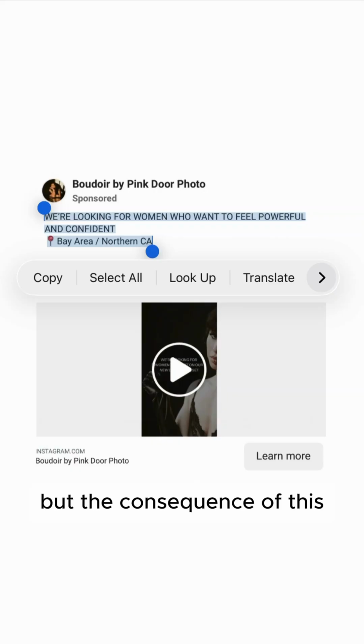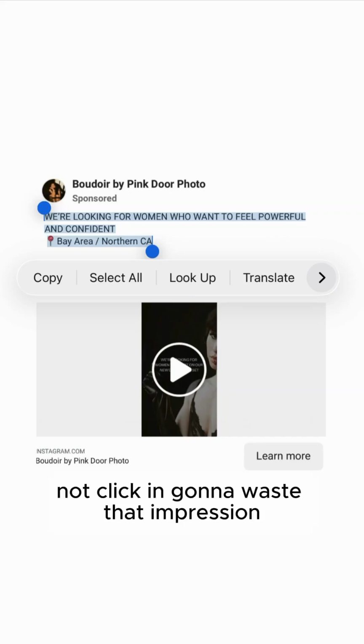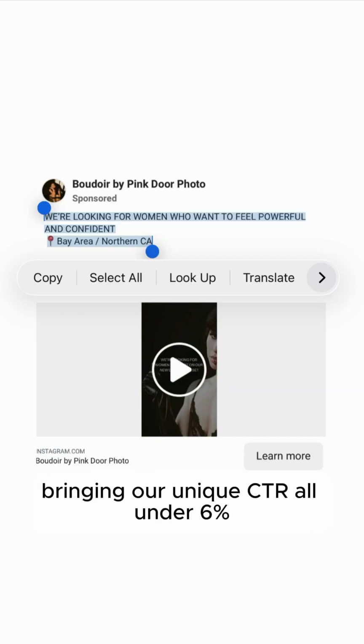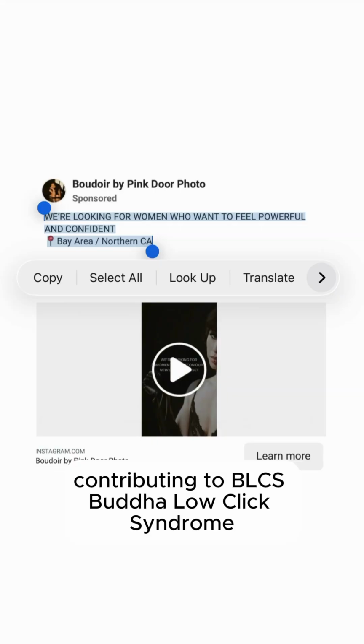But the consequence of making this mistake is way more women going to scroll by our boudoir Facebook ad, not click in, wasting that impression, bringing our unique CTR under 6%, contributing to BLCS, boudoir low click syndrome.